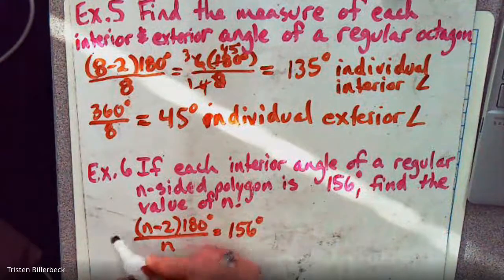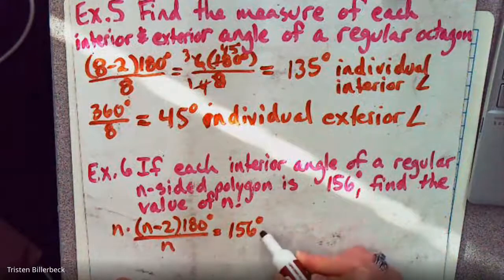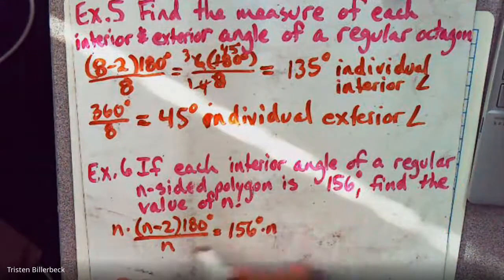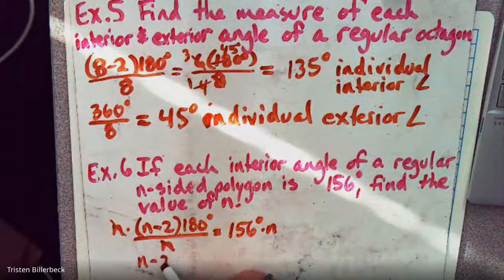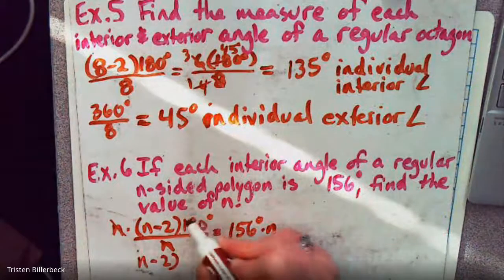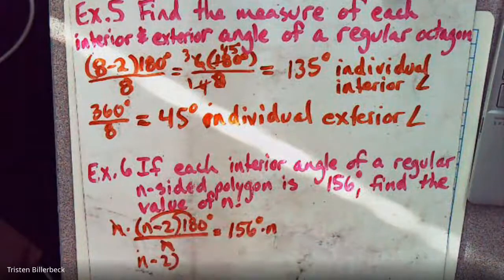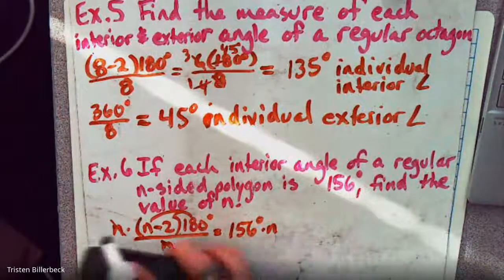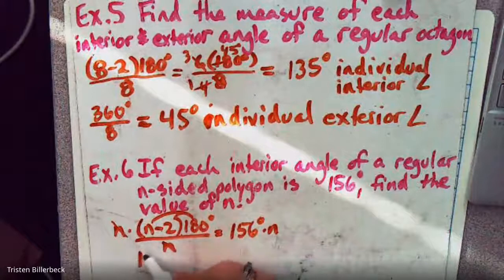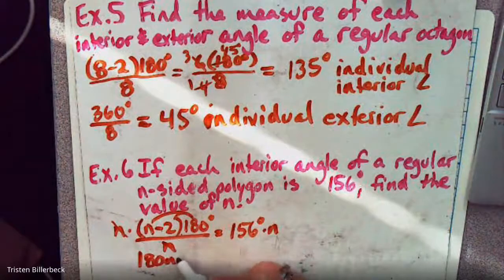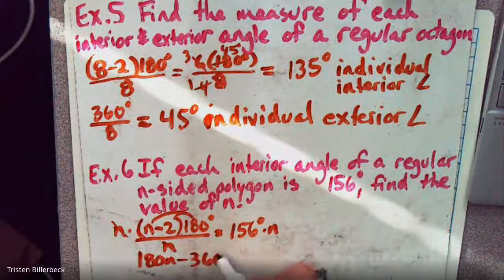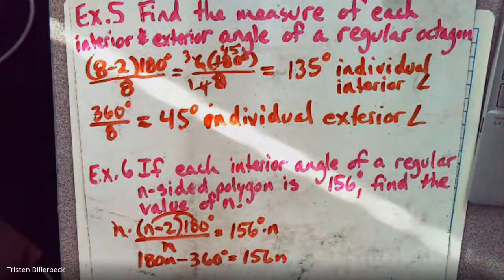So we're going to multiply by n on this side and multiply by n on this side, which cancels that out. So we have n minus 2, and let's distribute at the same time to save some time. So we have 180n minus 360 degrees equals 156n.